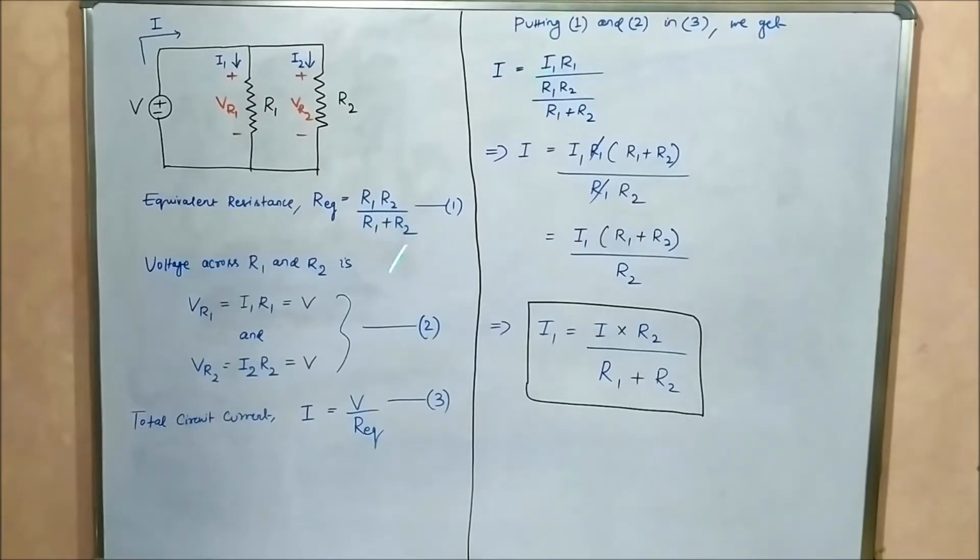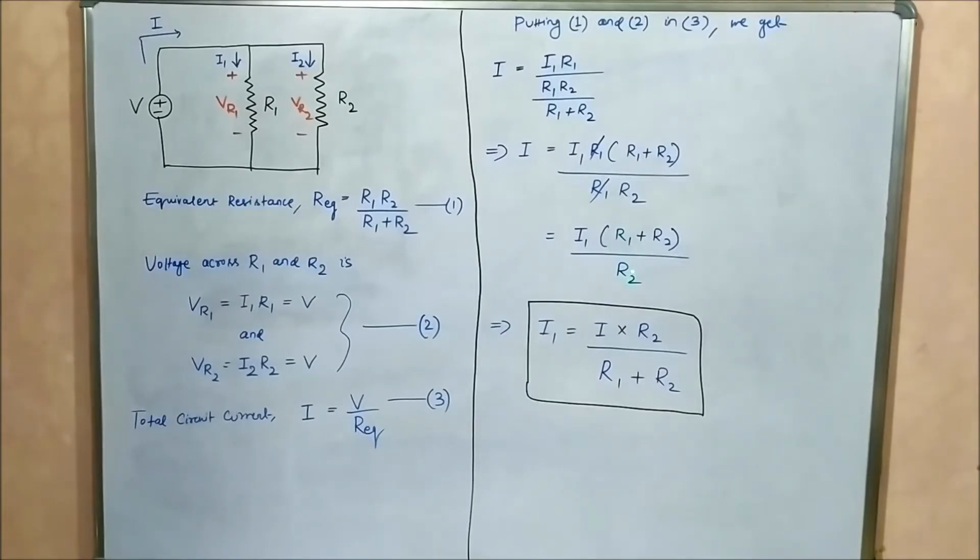So we have substituted in I is equal to V by R equivalent: V with I1 R1, and R equivalent with R1 R2 by R1 plus R2. So here this R1 plus R2 goes to the numerator, I1 into R1 plus R2 divided by R1 R2. R1 and R1 get cancelled as they are present in both the numerator and the denominator. So we get the total circuit current I is equal to I1 into R1 plus R2 by R2.